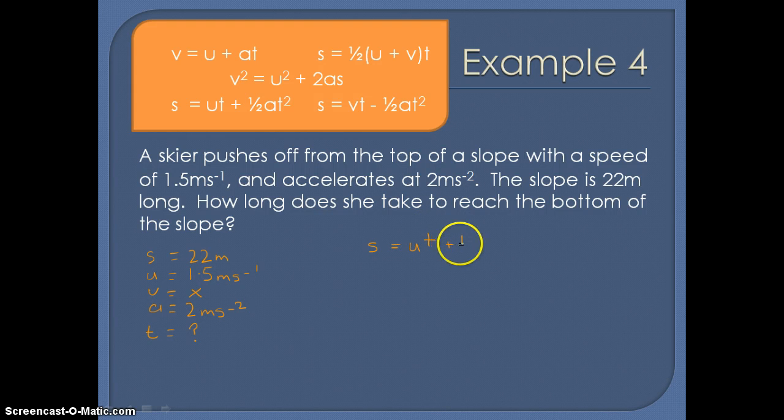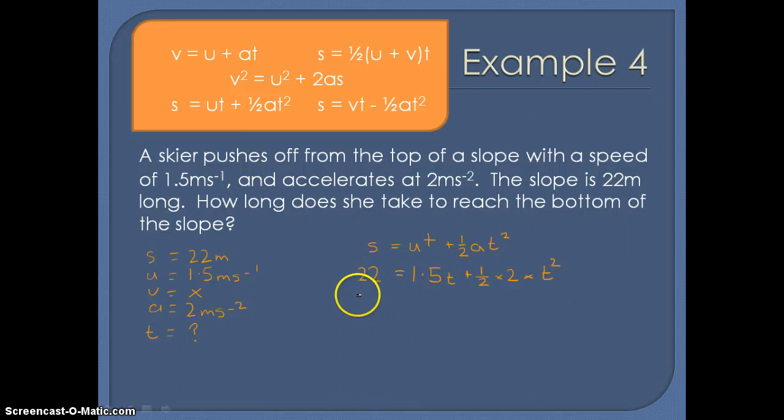plus 1/2 AT squared. So S is 22, U is 1.5, T is the value that we're trying to calculate, so plus 1/2, A is 2, and again T is the thing we're trying to calculate, so we'll leave that in there as T squared.